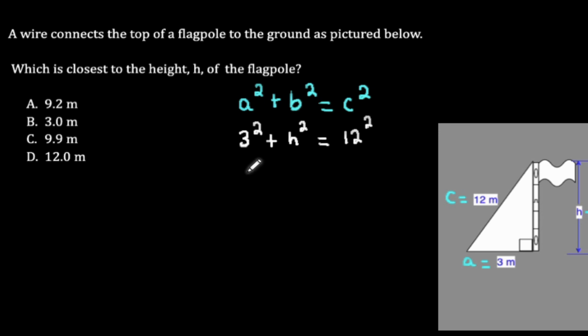So we square 3, which is 9. We still have our h squared. We square 12, which is 144.